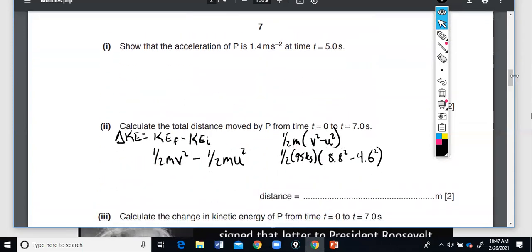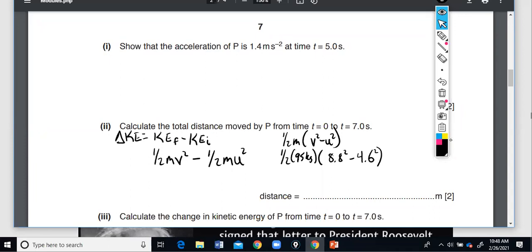All right, the change in kinetic energy. It should be the same if you just put 1/2 times 95 times this number squared minus 1/2 times 95 times this number squared. You could factor that 1/2 m out or leave it in there. 8.8 squared minus 4.6 squared gives me 56.28 inside the parentheses, times 95 times 0.5.